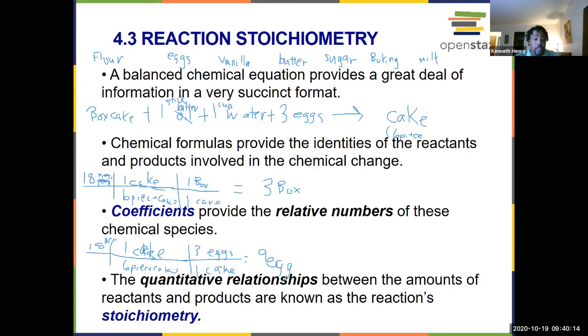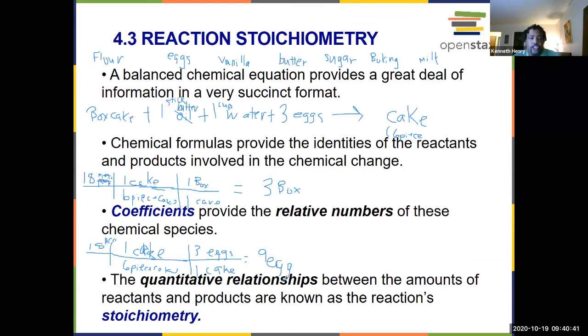So you mean I can scale up and scale down? Yep. Okay, so that is just basically stoichiometry. Stoichiometry is using the ratios that we have, like for a recipe, to be able to scale up and scale down.